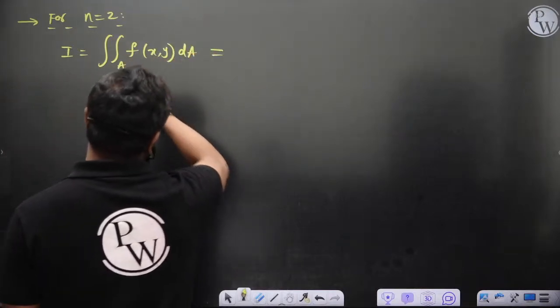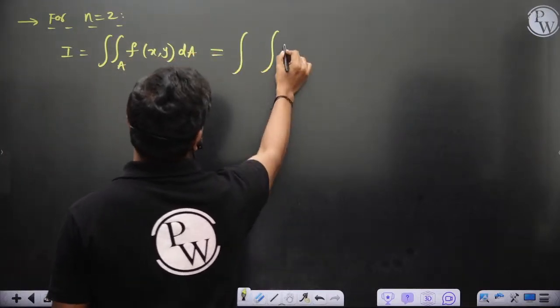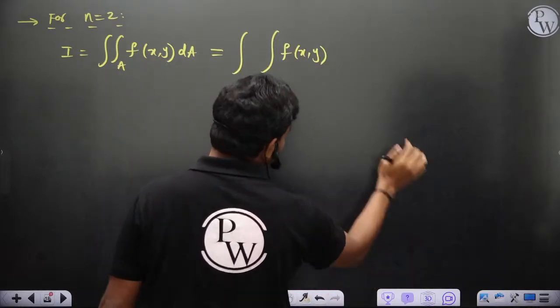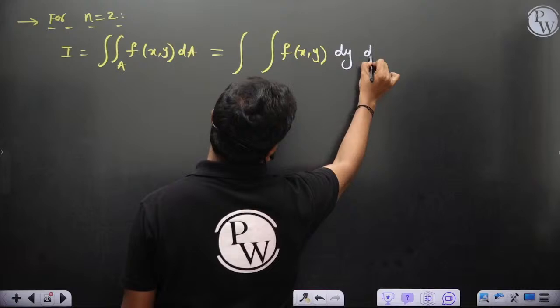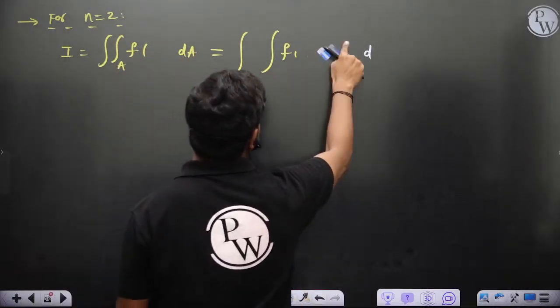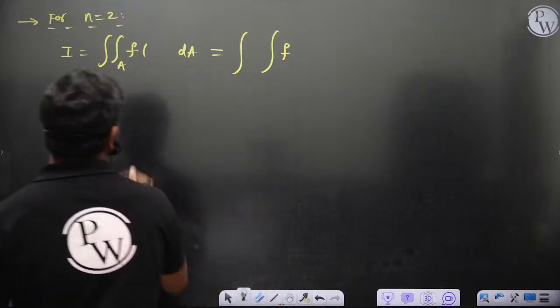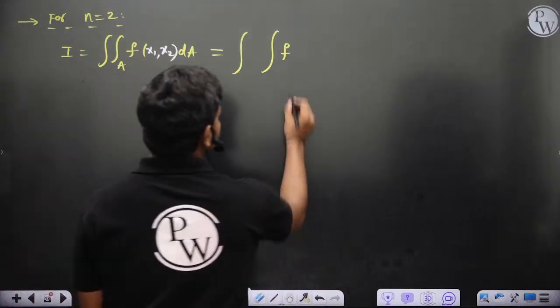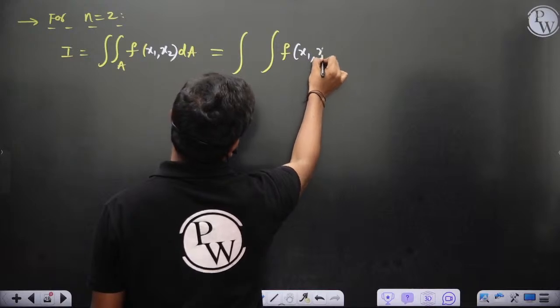Instead of x comma y, we'll choose x1, x2. So f of x1, x2 times dA.